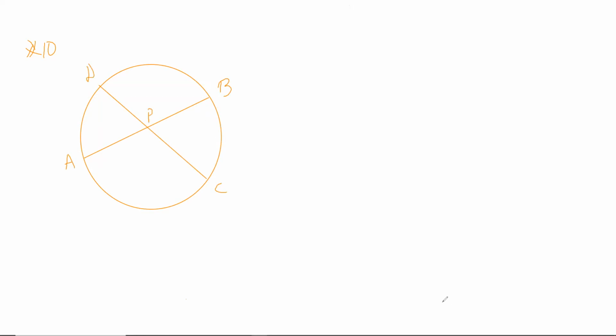The intersection is P. The theorem says this implies that triangle PAD is similar to triangle PCB. Can you prove this?